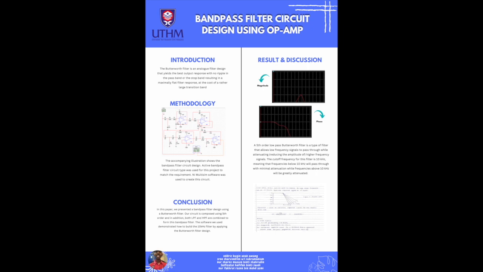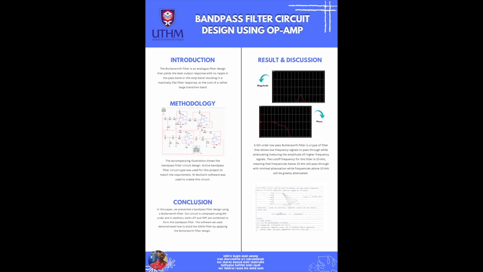So what we can say is, as I mentioned just now, the fifth order low pass Butterworth filter is a type of filter that allows low frequency signals to pass through while attenuating, reducing the amplitude of, high frequency signals.